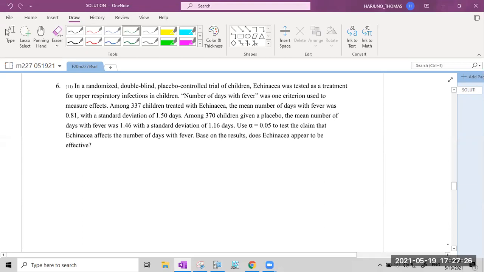Okay, in the randomized, double-blind, placebo-controlled trial on children. Double-blind means what? Double-blind means the person who receives the treatment doesn't know if they get the real treatment or the placebo, and also the person who gives the medicine doesn't know if that medicine is the real medicine or a placebo.